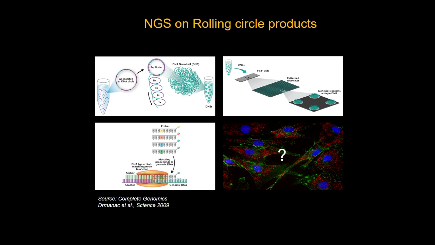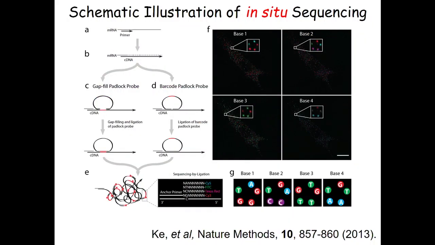And in this publication, they use sequencing by ligation chemistry. So we just took the protocol from the paper and applied it on rolling circle products that we had created in situ, and it worked the first experiment.